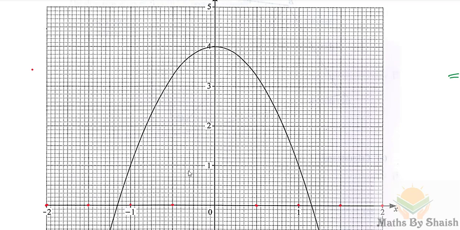Let's mark it. At -2, the y value is 2, so the first point is here. Another is -1.5, where it is 2.11, so 2.1 would be somewhere here.